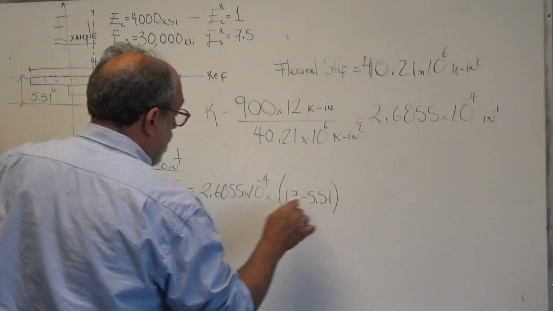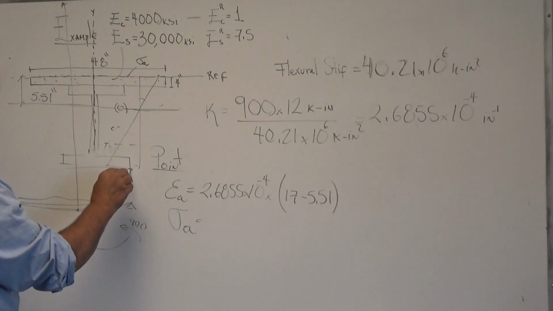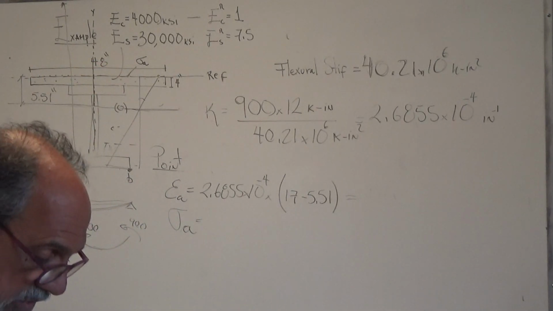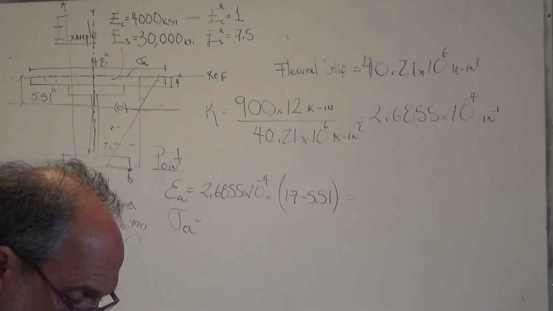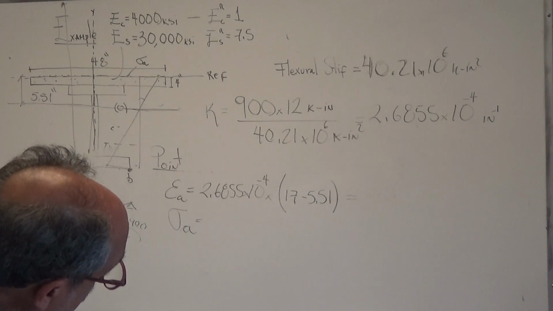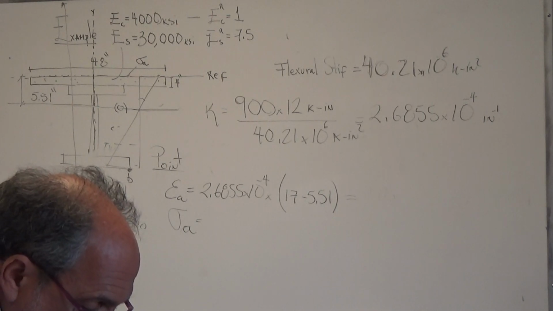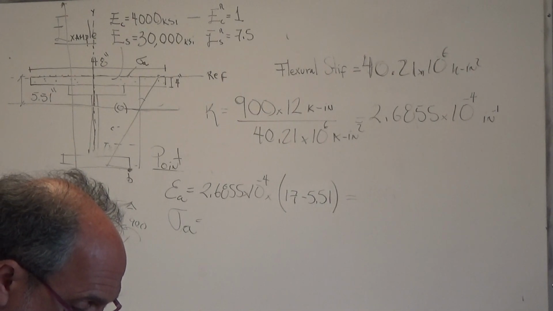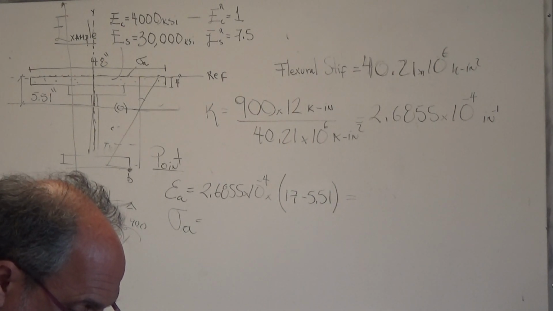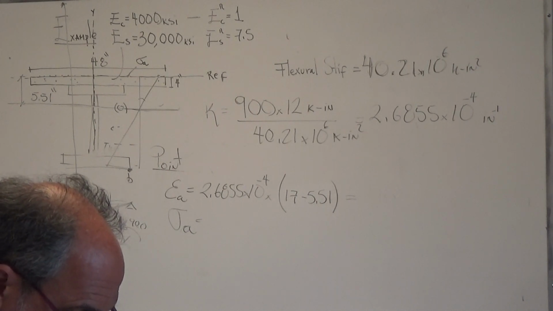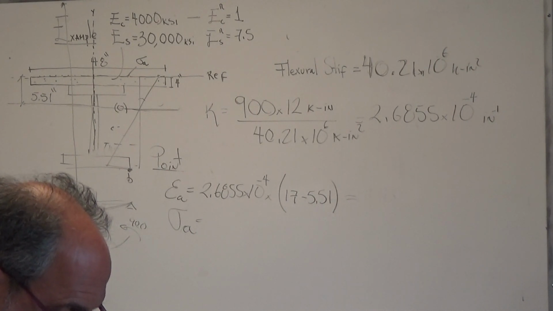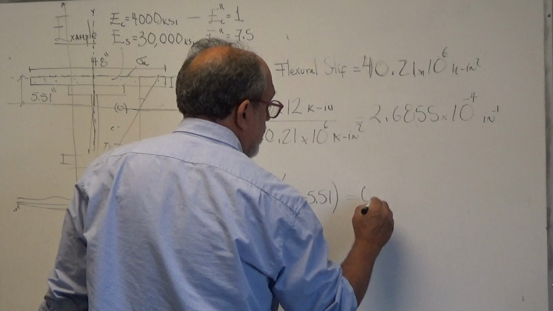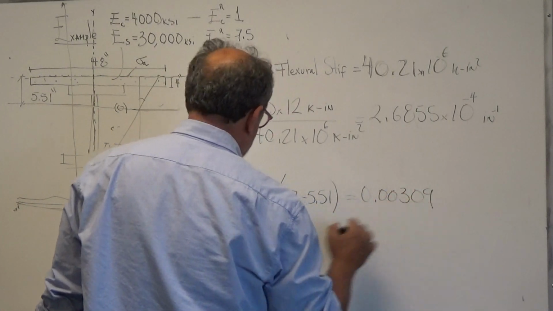So the distance from the neutral axis to point B is that much, and therefore we find that the strain is equal to 0.00309.